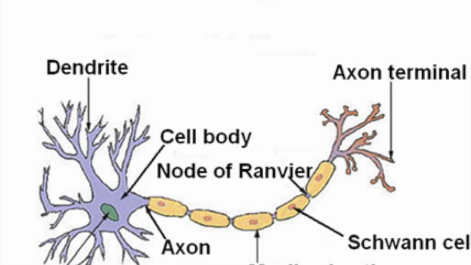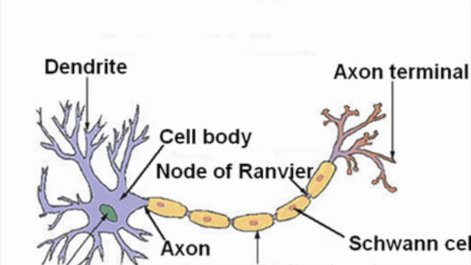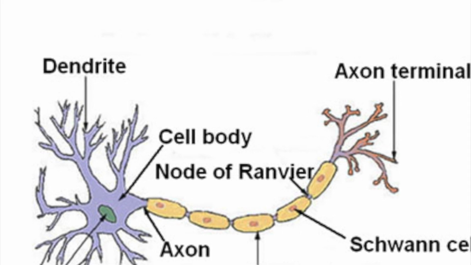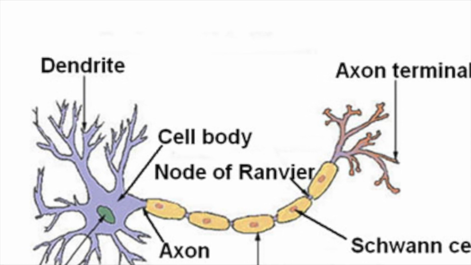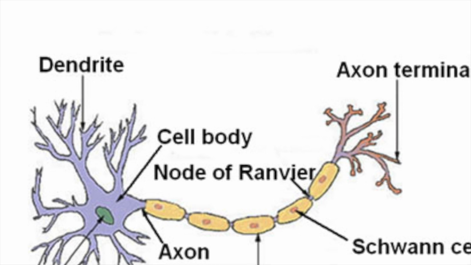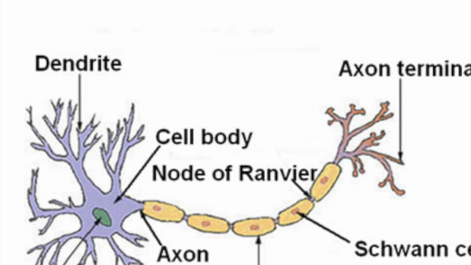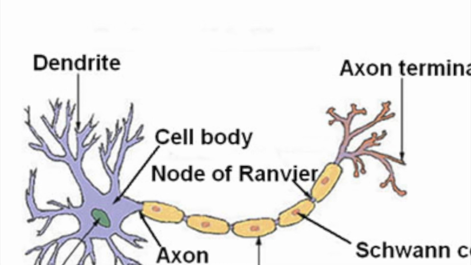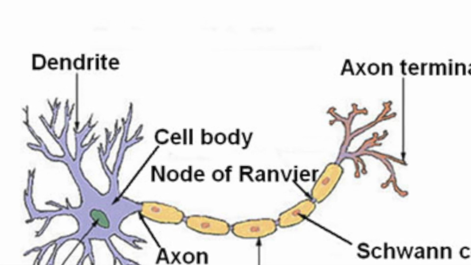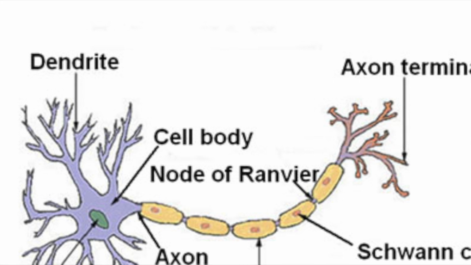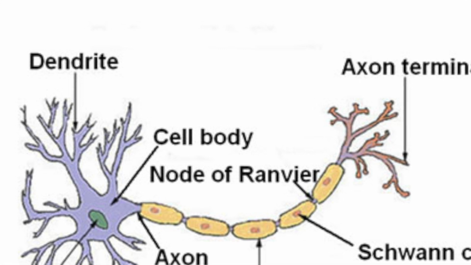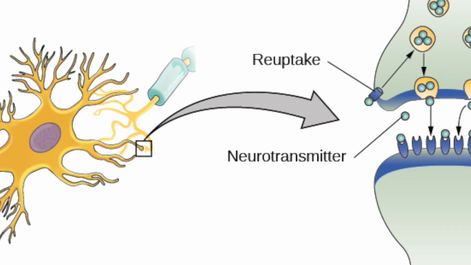The primary components of the neuron are the soma, or cell body; the axon, a long, slender projection that conducts electrical impulses away from the cell body; dendrites, tree-like structures that receive messages from other neurons; and synapses, specialized junctions between neurons. There are several types of neurons, including sensory, motor, and interneurons.